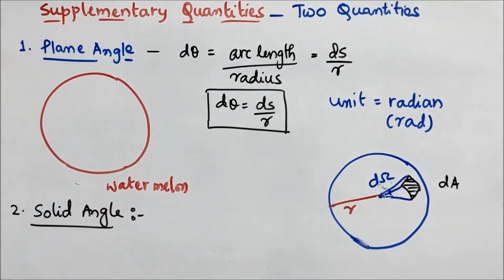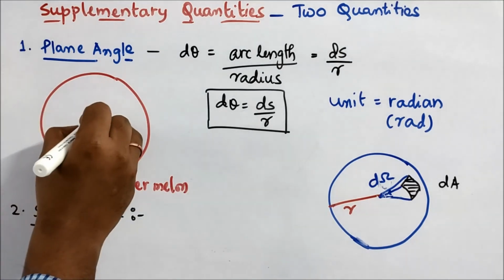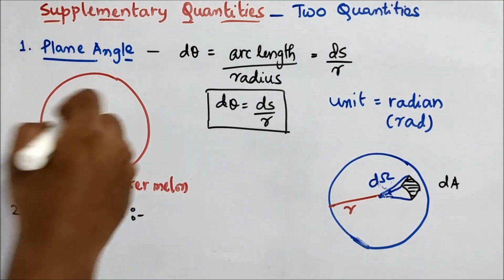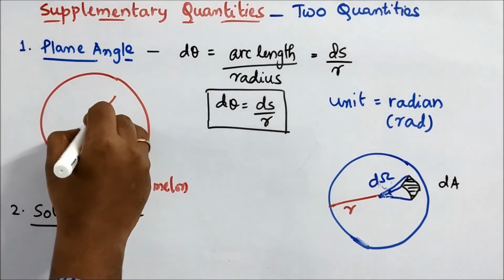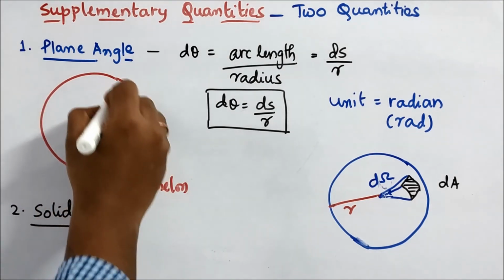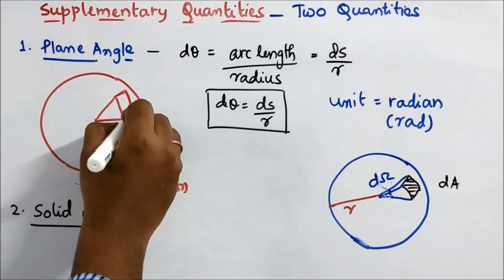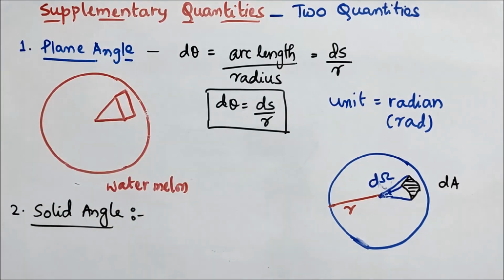From the watermelon, you cut a small slice such that the slice touches the center.